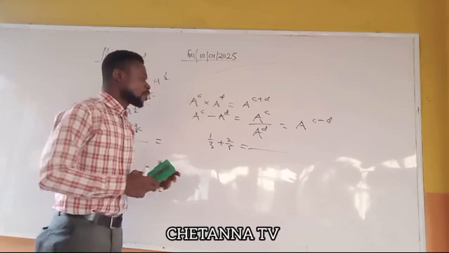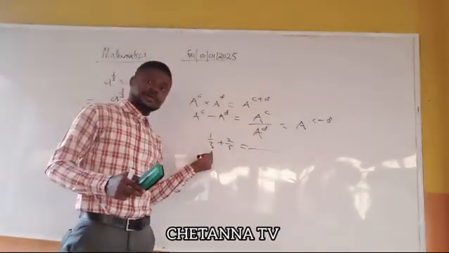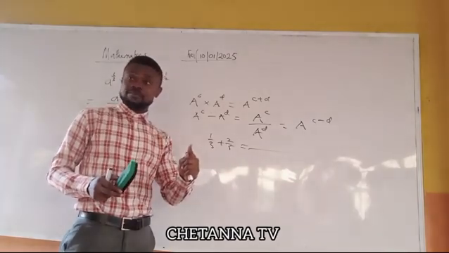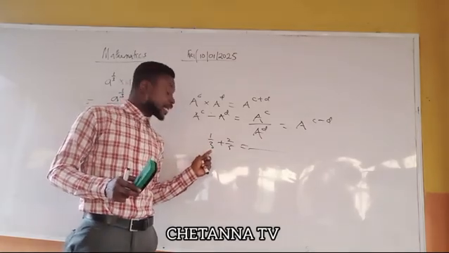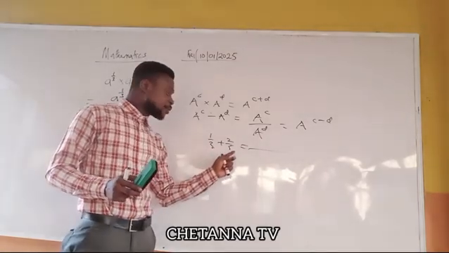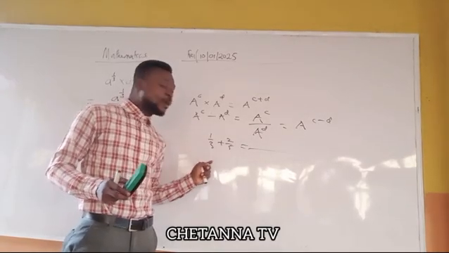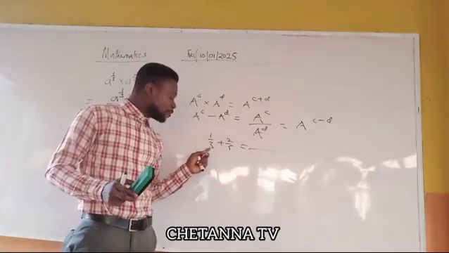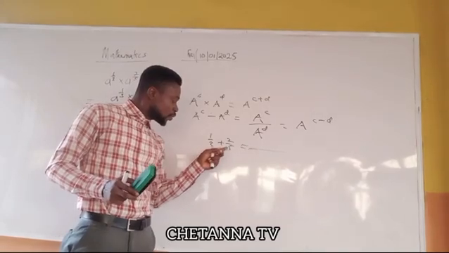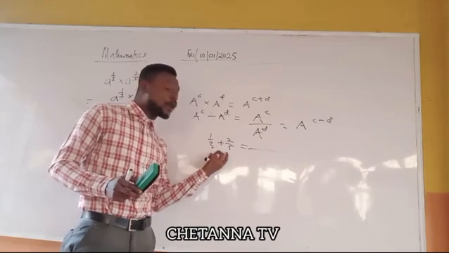Good. Now, if you say LCM, lowest common multiple, you have to check multiples of 3 and multiples of 5, then their lowest common multiple. These 5 and 3 have no smaller common multiple.